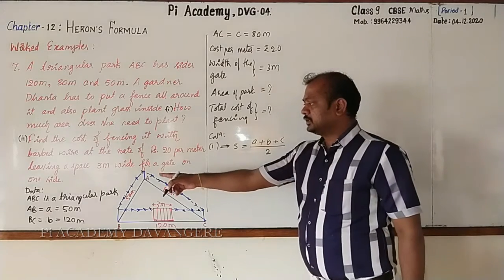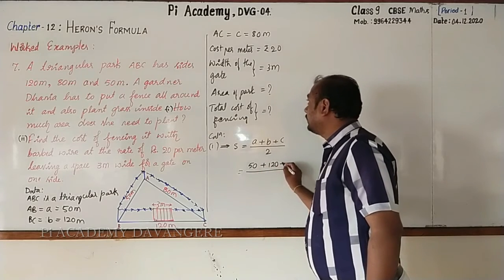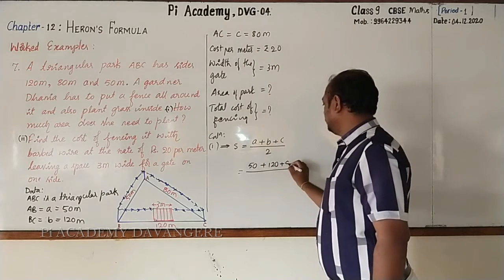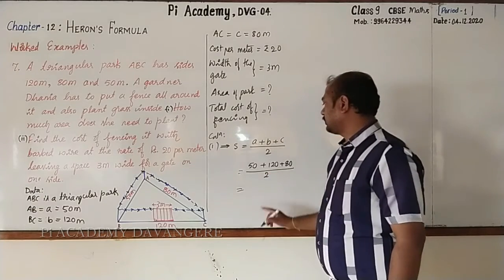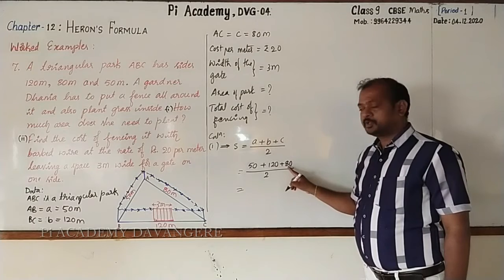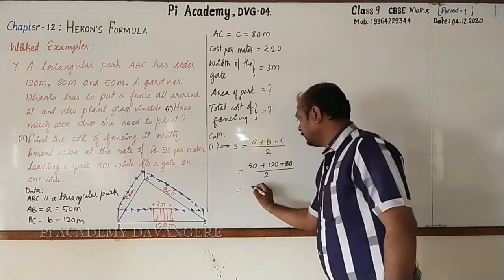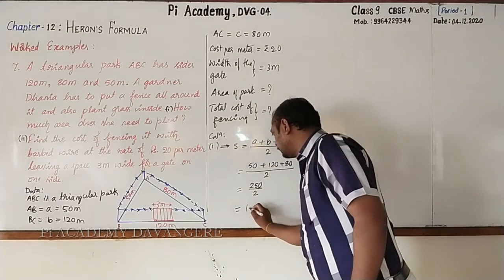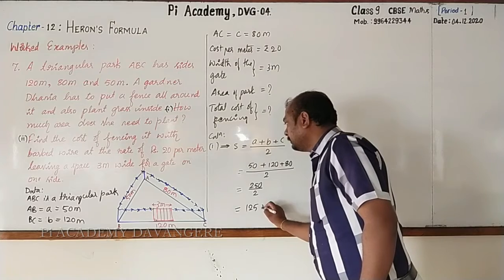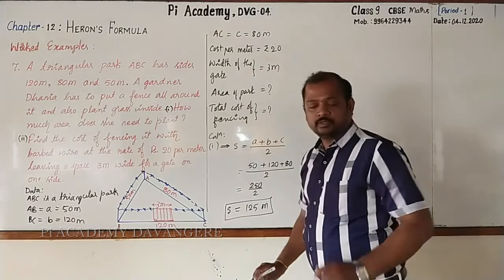A is 50 meter, B is 120 meter and C is 80 meter, divided by 2. It is equal to 120 plus 80, 200. 200 plus 50, 250. So it is 250 by 2 is equal to 125 meter. This is semi-perimeter.